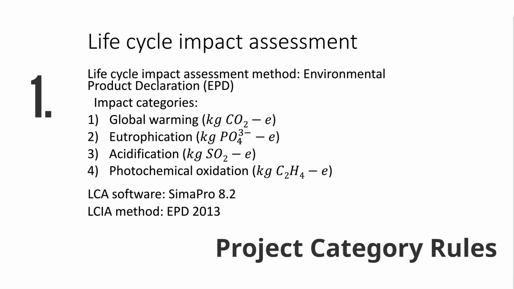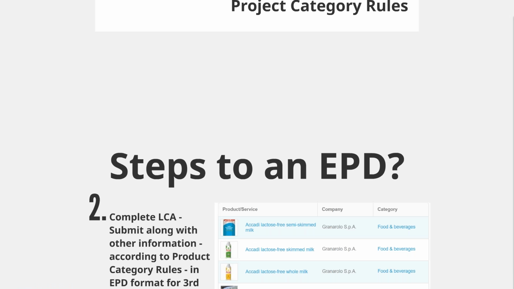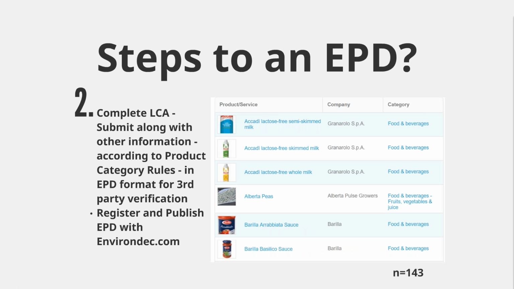So step 1 is the LCA, and we're going to talk more about that in a minute. Step 2 is after you've completed your LCA, your life cycle analysis or assessment, you need to submit this along with the other information that's required according to those product category rules. You send it out in what would be the template for an EPD format.